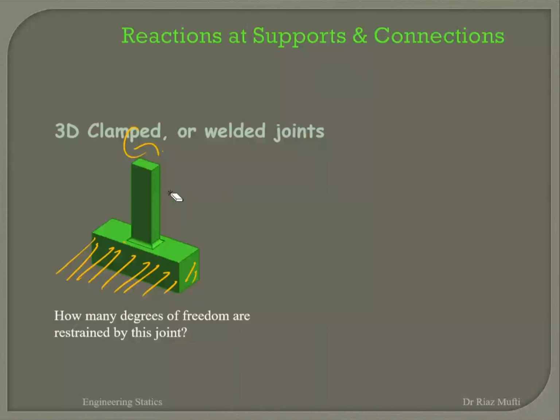Yes. So a 3D object, ideally, if there are no constraints, has got 6 degrees of freedom. But if it is held in a way that it cannot move, then you have to find out how many degrees of freedom it has.